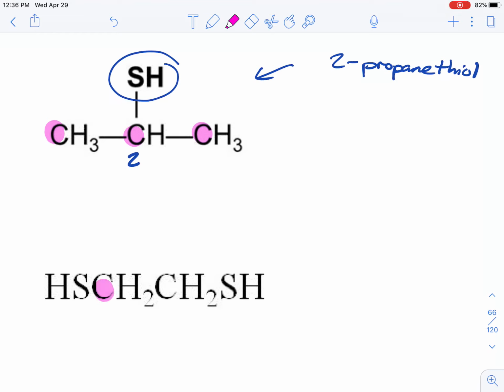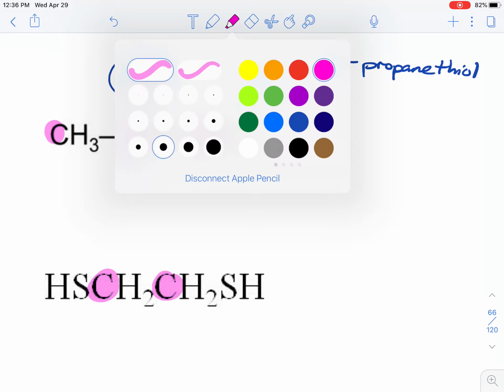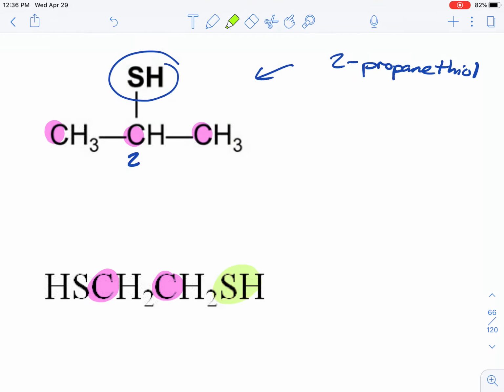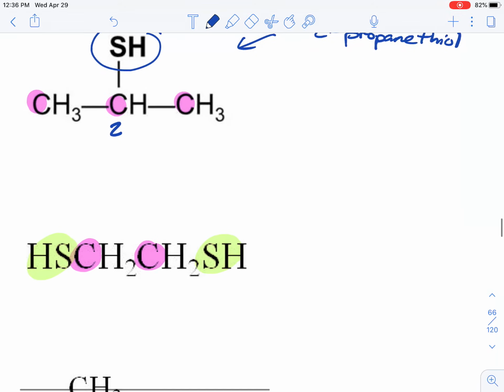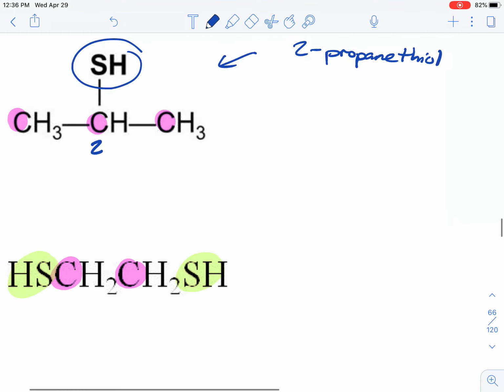So here I have a 2-carbon compound, and it looks like I have 2 sulfhydryl groups. And so I'm going to go ahead and name this piece first.